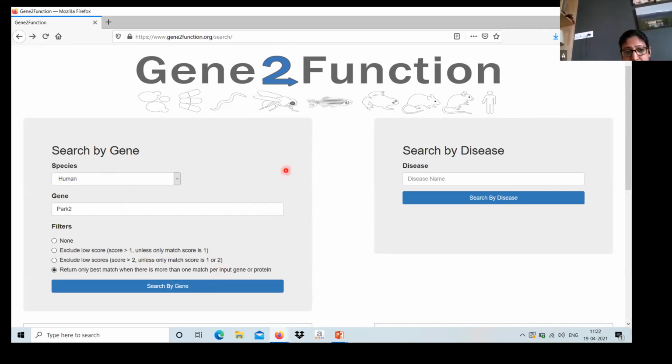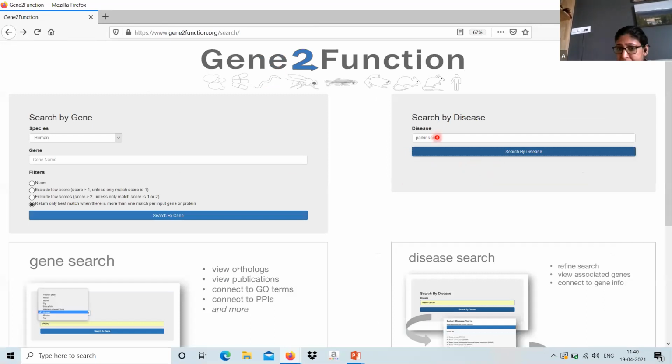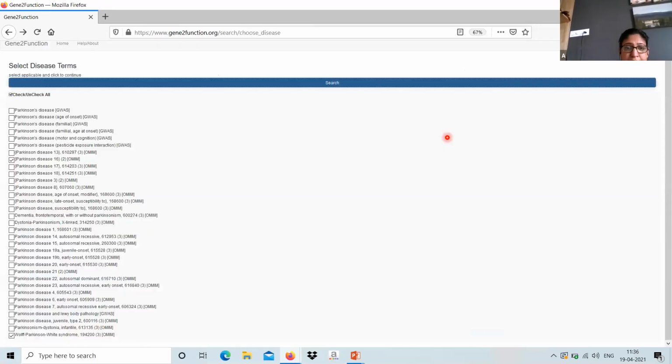What I can also do, if I don't know which genes are involved, is go by the second search here, on the right side: search by disease. You put down the name of the disease, let's say Parkinson's, and I search. It gave me a list of databases. People have screened patients where they have potential candidates. Maybe not all of them are linked to Parkinson's, but they are potential candidates.